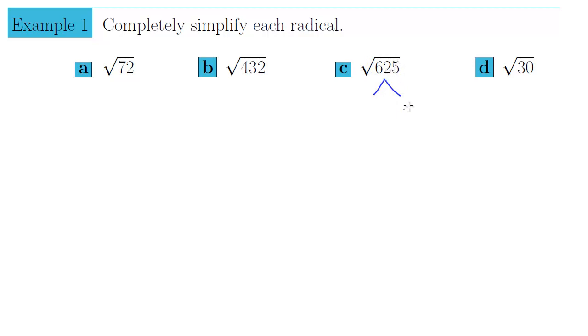When a number ends in a 5, that means that 5 goes into it. And so if you divide it out, you see that 5 goes into 625 125 times. So then this number can be broken down again, and it ends in a 5. So 5 goes into that 25 times. And then this can be broken down again, 5 times 5.